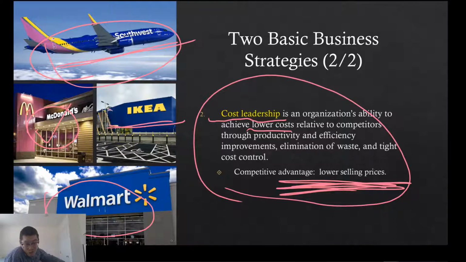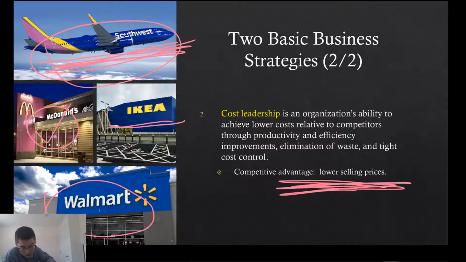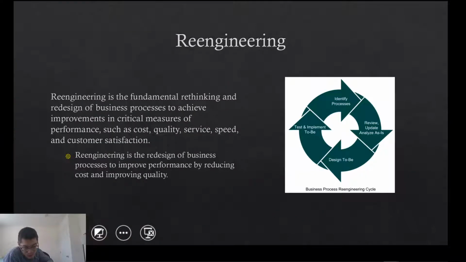Remember that from the 235 class? We did an example when it came to job order costing, right? So those are the low-cost airlines. All right, so these are the 2 basic business strategies. One is product differentiation. Second is cost leadership.